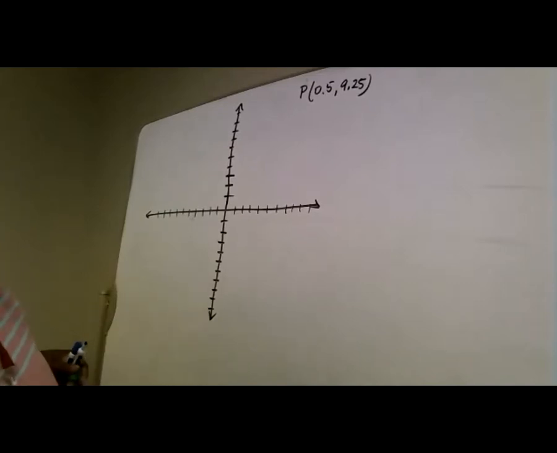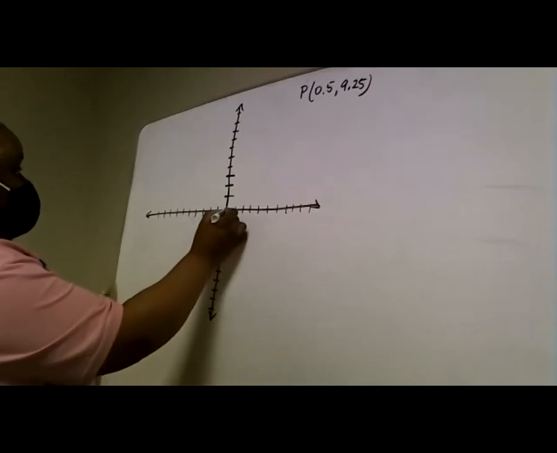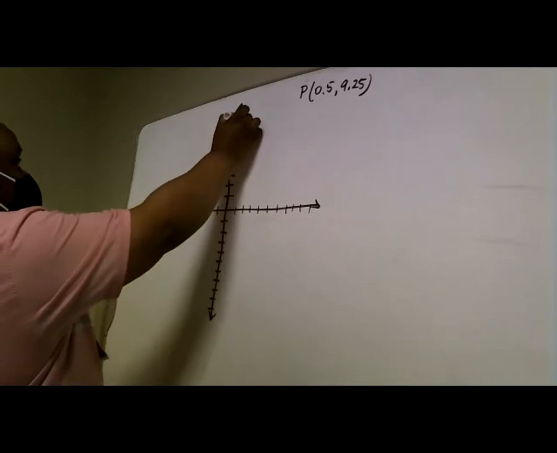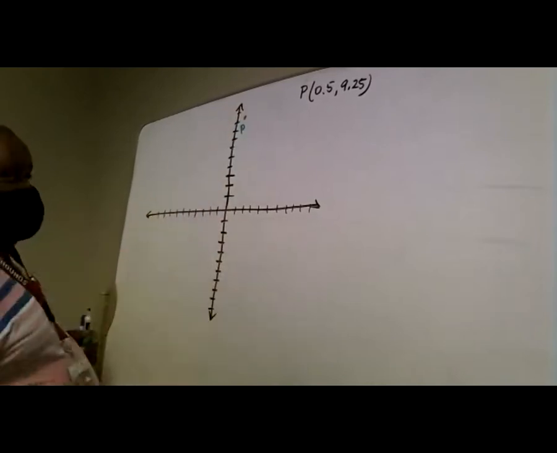Point 0.5 is halfway between 0 and 1, so I'm going to go halfway between there and go up 9 and about 1/4 of the way. So that's going to be way up here. So this is P.